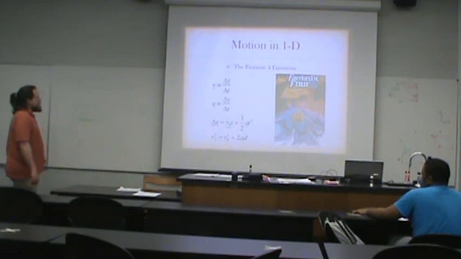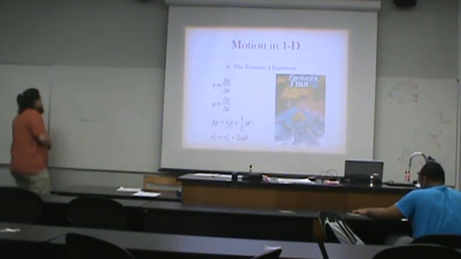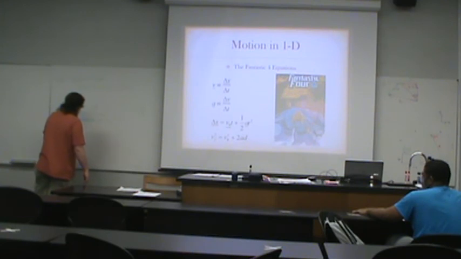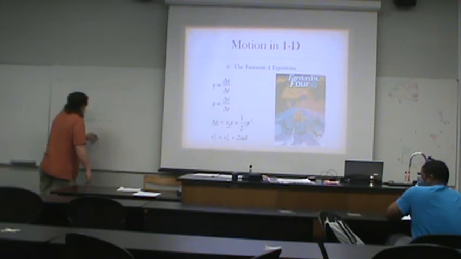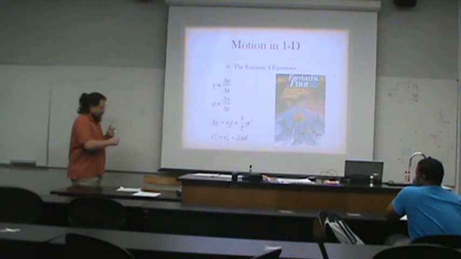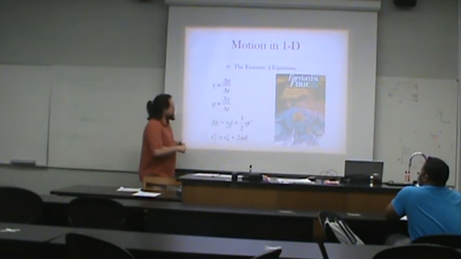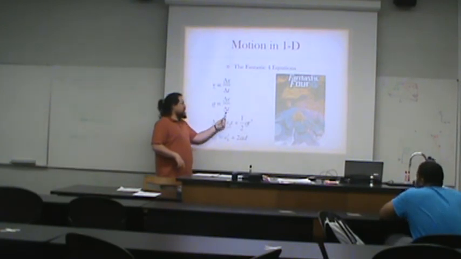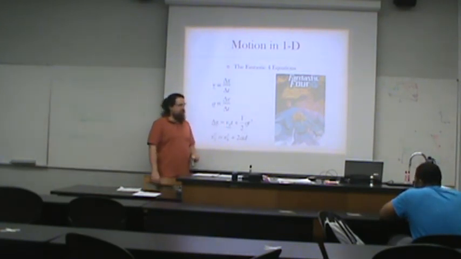The last remaining vector letter that is currently in these formulas, I'll go ahead and define it, is acceleration. You can actually look right here for its definition, because acceleration is defined as change in velocity over change in time.